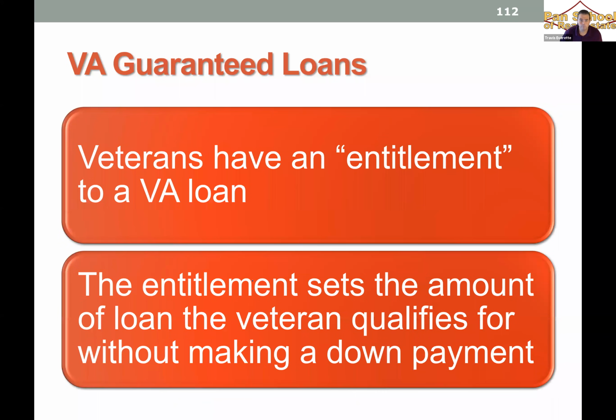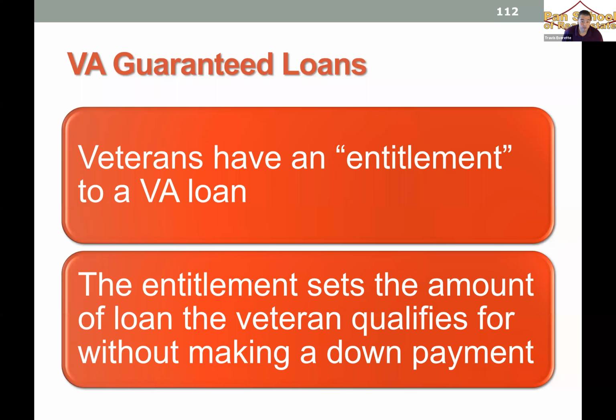All right. We say that veterans are entitled to their VA loan. That's actually a thing. It's called their entitlement. And the entitlement states an amount that a veteran can borrow under the VA loan program. It's an actual dollar amount.